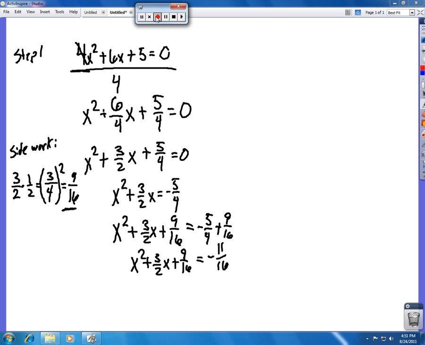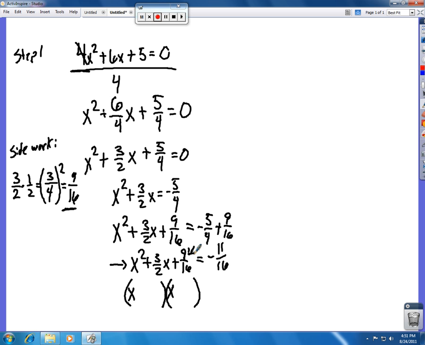The next step here is step 4, and that's going to be factoring the left-hand side. And again, you want to look at your squared term, which is x times x, which is x squared. So that'll be your first variables. And then you look at the constant, which in this case is 9/16, and you need to find two numbers that multiply together to get that.